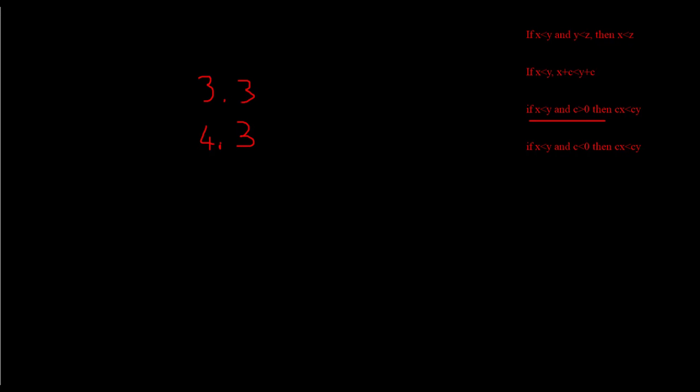Now we multiplied those two by the same amount, 3, like the c right here, and what it made is equivalent to 9 and this is 12. Now the difference between 12 and 9 is higher than the difference between 4 and 3.